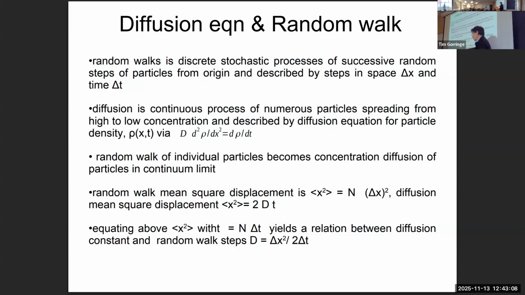Then the diffusion constant corresponding to a collection of those particles would be 1 nanometer squared divided by twice the one nanosecond. So we've got 10 to the minus 18 meters squared, divided by 2 times 10 to the minus 9 seconds. So it's about 10 to the minus 9 is the diffusion constant in meters squared per second.